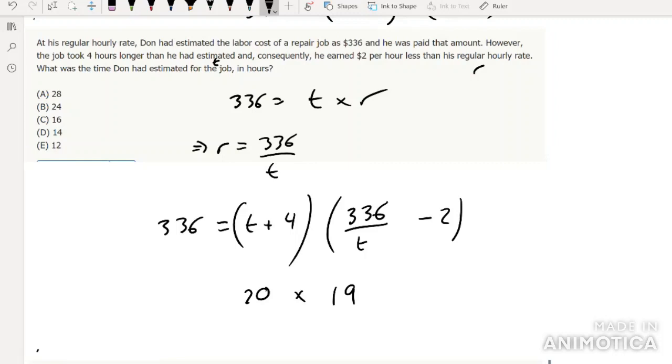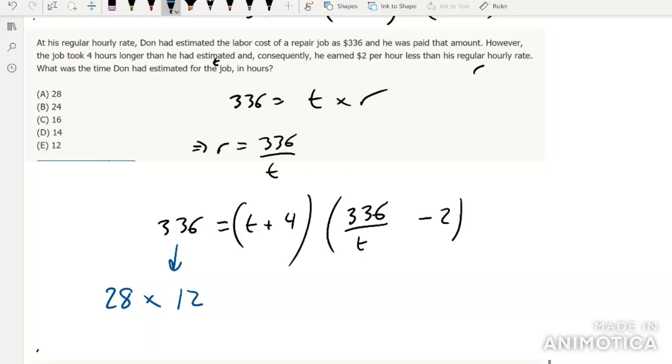Let's do this a different way. 336 needs to be the product of two numbers. So what are the factors of 336? That could be 28 times, I believe, 12. And if one of the numbers is 28, then this would work.